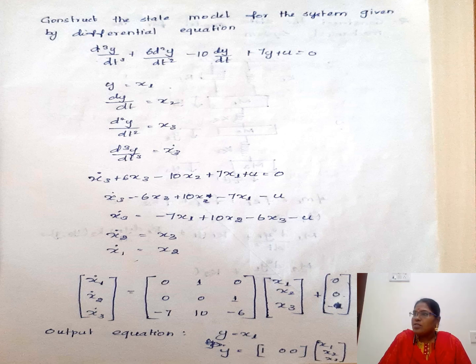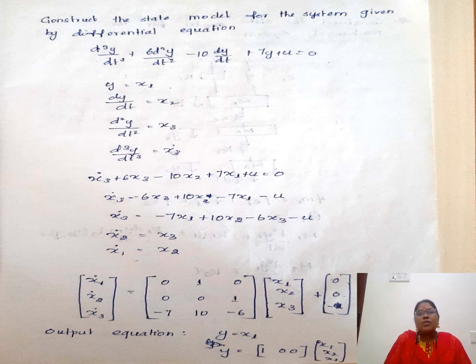So these are the conditions we have to assume. After getting all three, substitute in this equation. Now the equation becomes x3 dot, which is d cube y by dt cube, minus 6x3, minus 10x2 plus 7x1 plus u equal to 0. From this you find x3 dot. The next two you need to find are x1 dot and x2 dot.